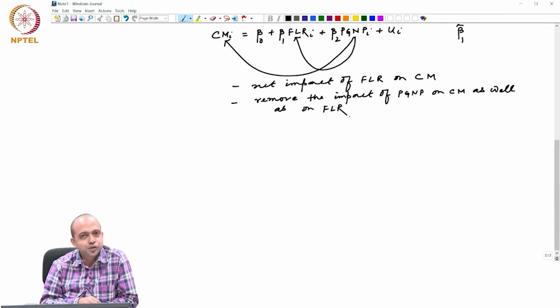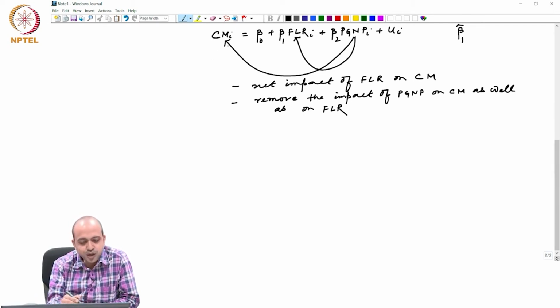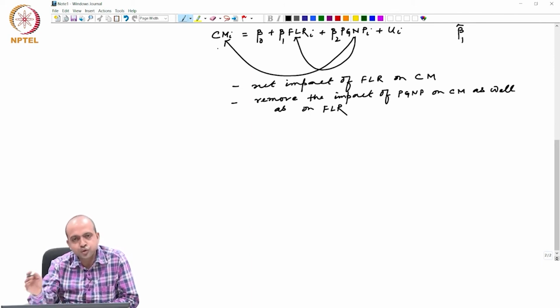We want net impact. So, we have to remove the impact of per capita GNP from both of these, right. If we remove, then this child mortality rate would be purified from the impact of PGNP, FLR will also be purified from the PGNP, and then if we regress CM on FLR, we will get the net impact. So, this is our objective, net impact of FLR on CM, that is what we want to achieve.